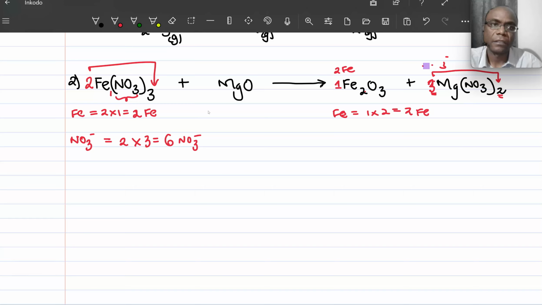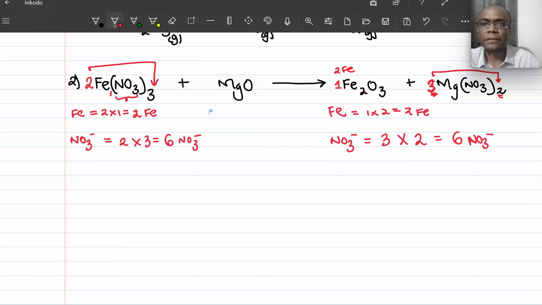Okay, so I had 2 nitrates on the right side. Here I have 6. I'm looking at the group NO3, balancing nitrogen and oxygen all together. The placement of the leading coefficient number 3 here will make my nitrate to be 6, because now I'm going to say it's 3 times subscript 2. That gives me 6 nitrates.